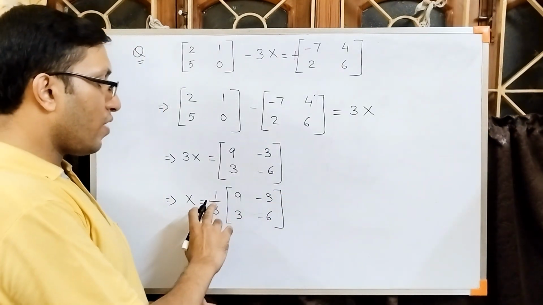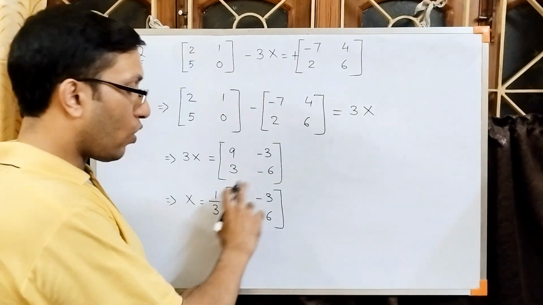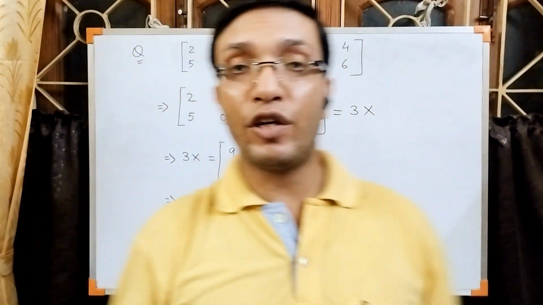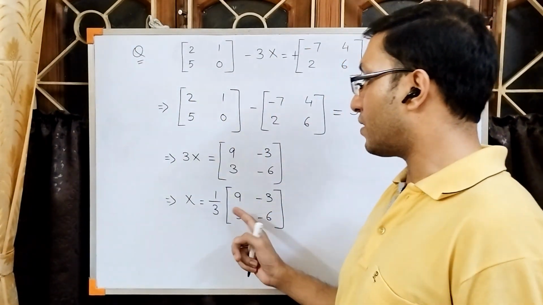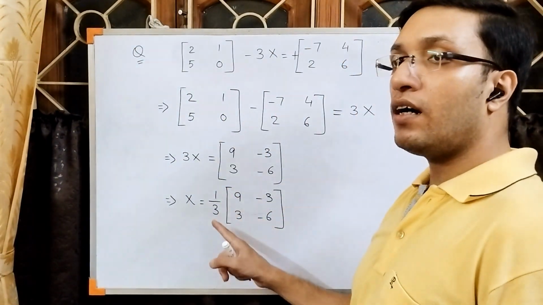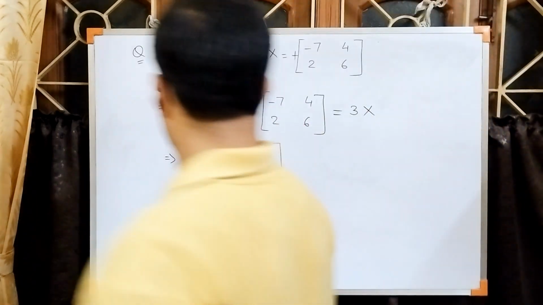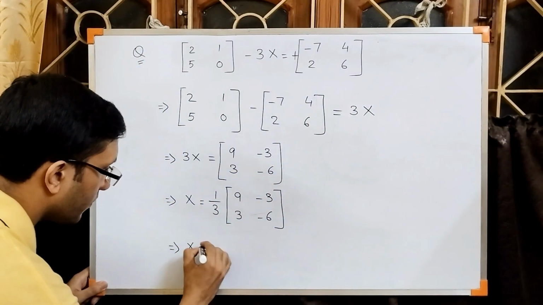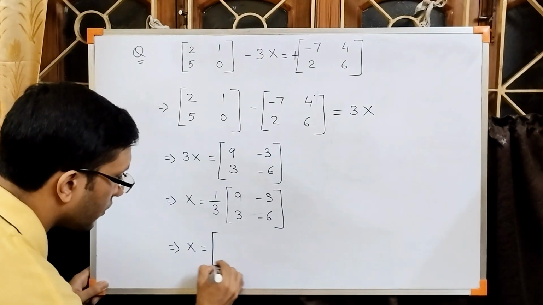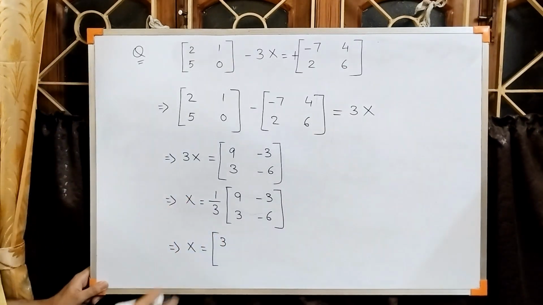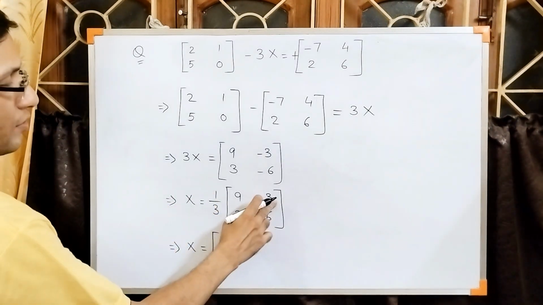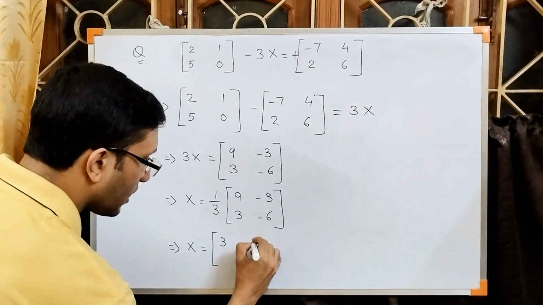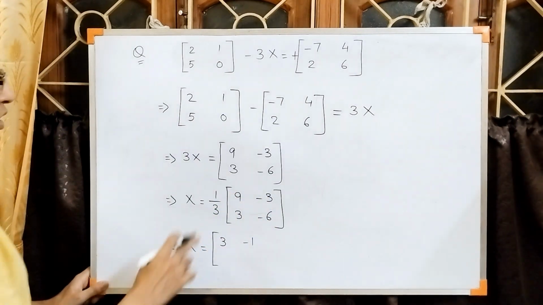Now we will multiply this 1/3 with all the elements individually present in this matrix. So 1/3 of 9, that is 9 into 1 by 3, gives us 3. 1/3 of minus 3, that 3 cancels and we get minus 1 in the second position.